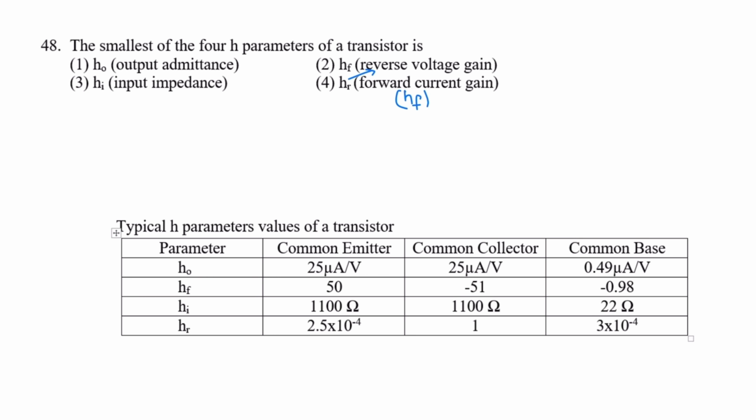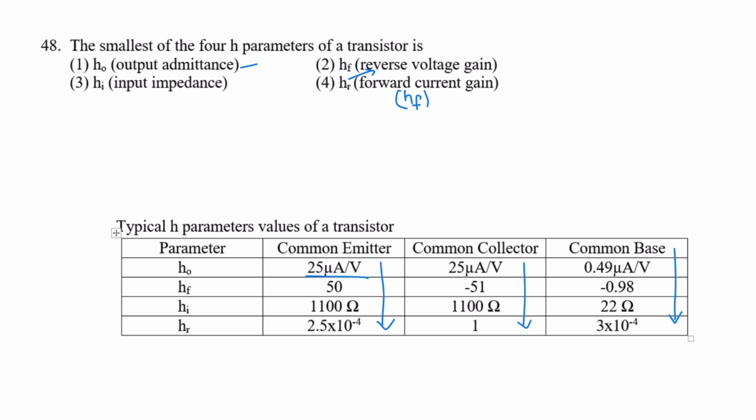Next question. 48th question. The smallest of the 4 H parameters in the transistor is either H. Correct option is option 1, that is output admittance, either in CE configuration, common collector configuration or common base configuration.